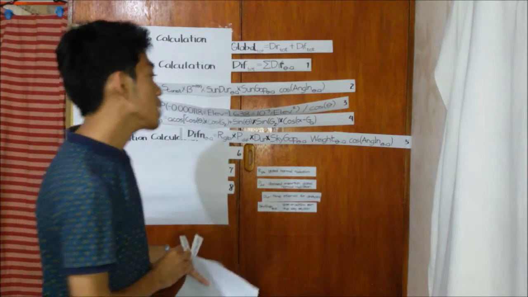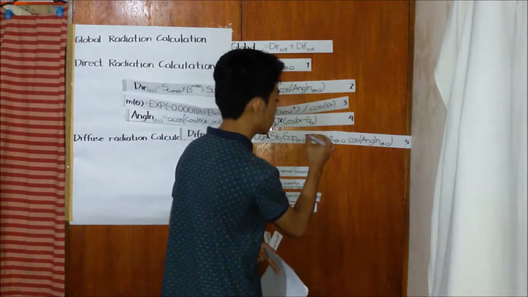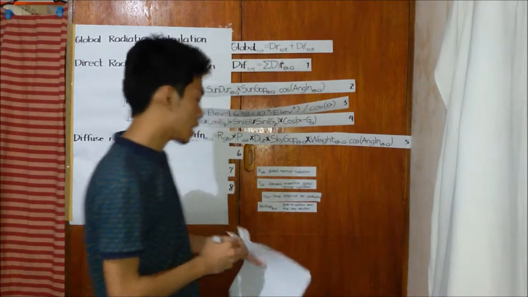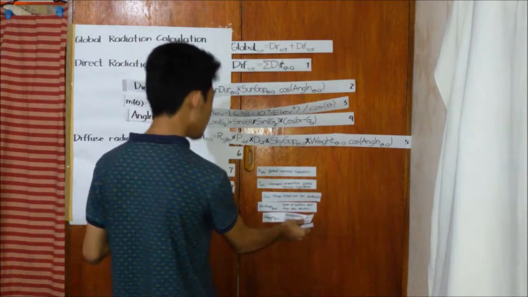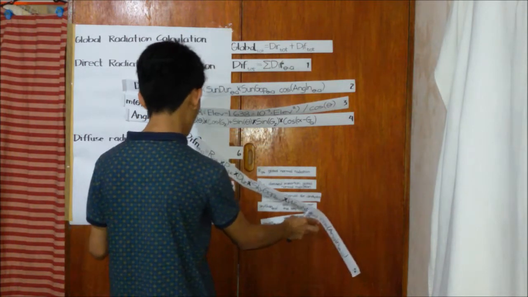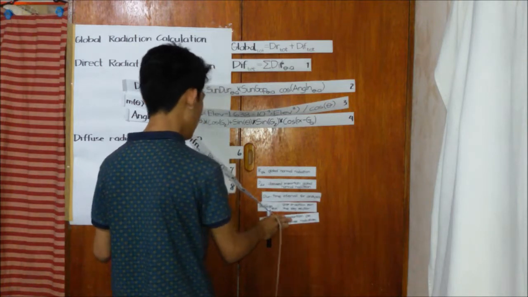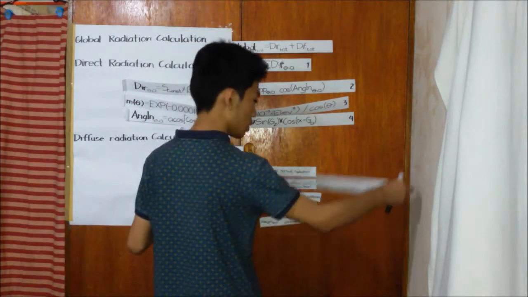And multiplying by the weight theta A, meaning the proportion of diffuse radiation originating in a given sky sector relative to all sectors.